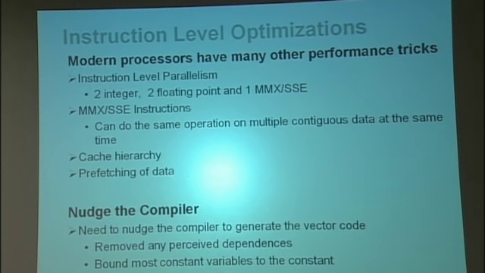Of course, if nothing helps, you can go and write assembly language, but I don't want you to write assembly code, at least in this class, even though you can sometimes get really good performance. You can give enough hints to the compiler and hope it does the right thing.